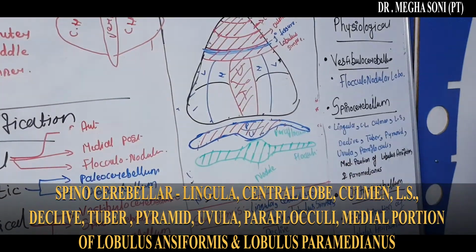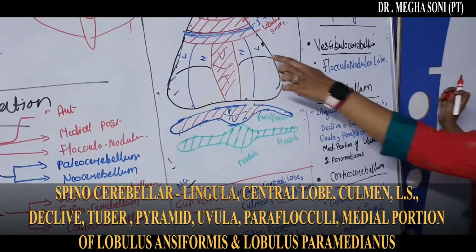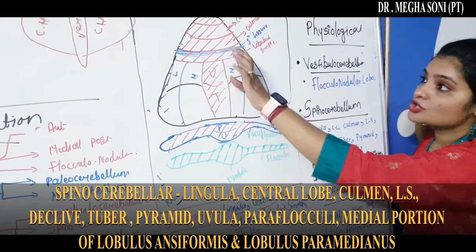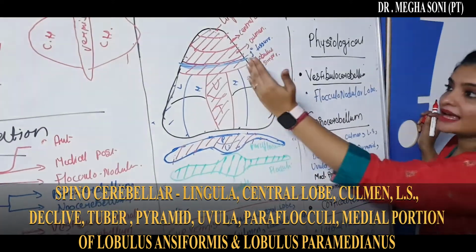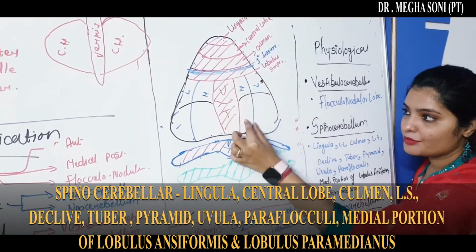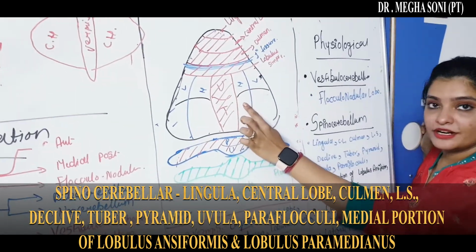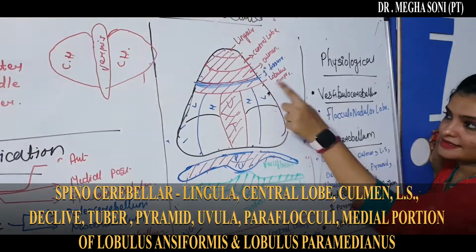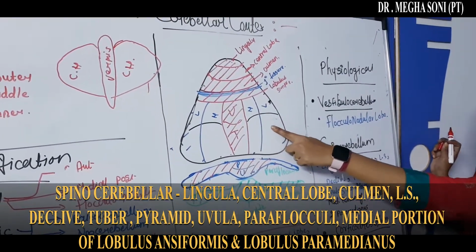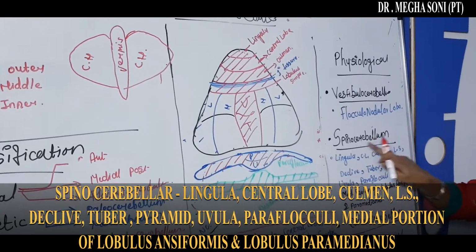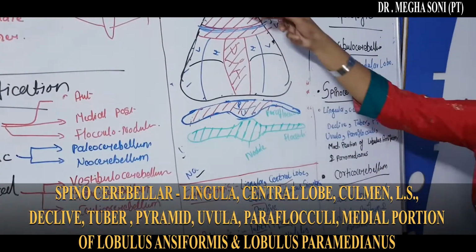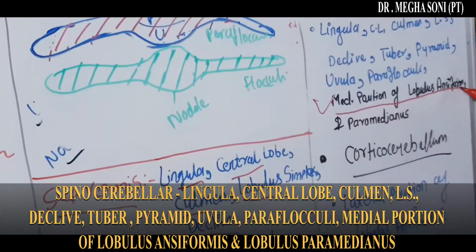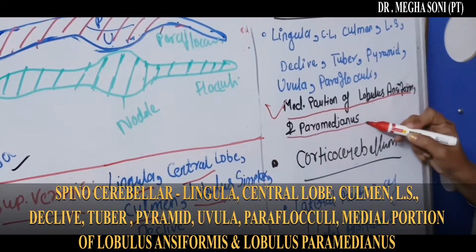So this red color is spinocerebellum, and as you know, this is lobulus ensiform and this is lobulus paramedianus. These are divided into two. This is the medial portion of lobulus ensiform and the medial portion of lobulus paramedianus. This is the lateral portion of lobulus ensiform and the lateral portion of lobulus paramedianus. So spinocerebellum includes, along with the vermis structures, the medial portion of lobulus ensiform and paramedianus.